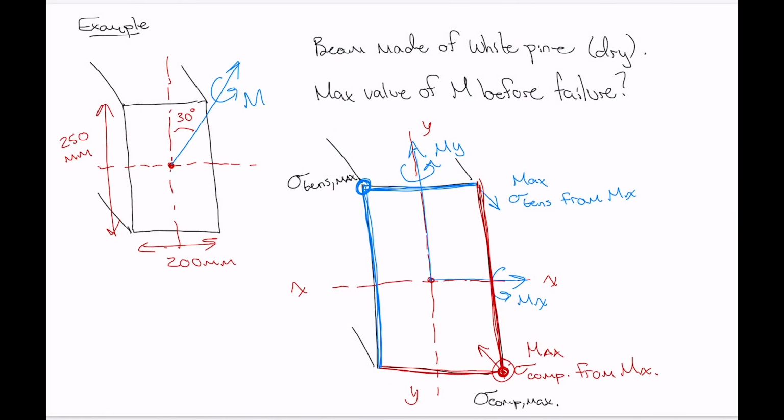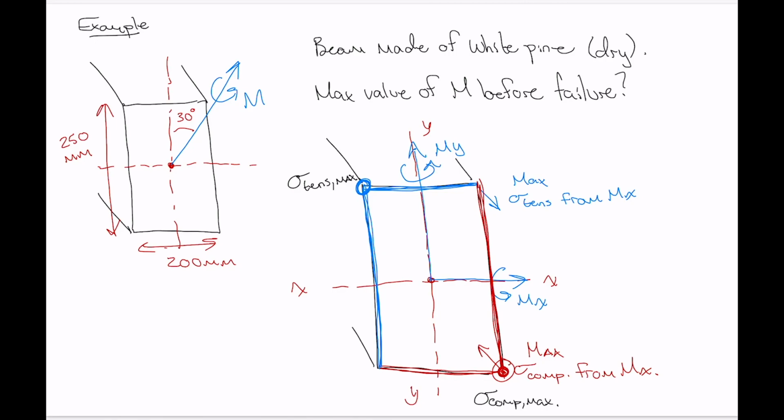Because we've got a symmetric object, a rectangular beam, the maximum tensile stress in one corner will be equal in magnitude to the maximum compressive stress in the other corner.